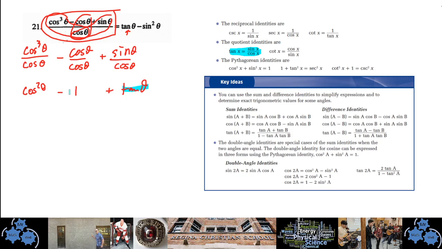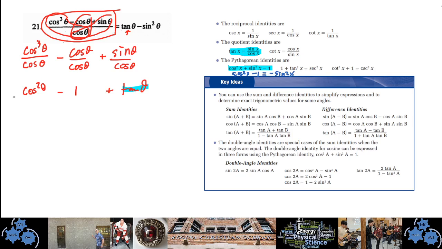Now, cos squared minus 1, I'm going to be able to use this identity right here. Now, this one's a bit tricky because cos squared, okay, watch this. If I bring the 1 over here, that makes it minus 1. And if I take the sine over there, that makes it negative sine squared x, okay?